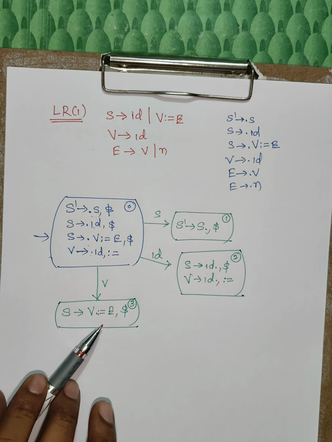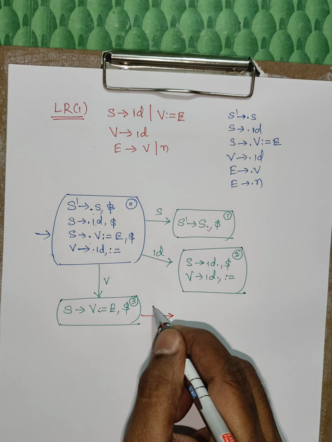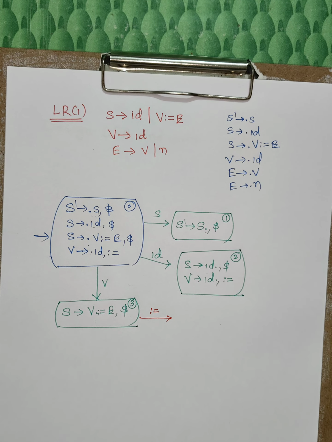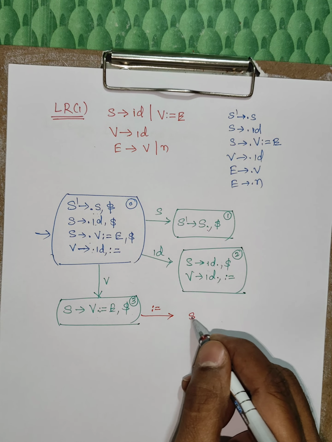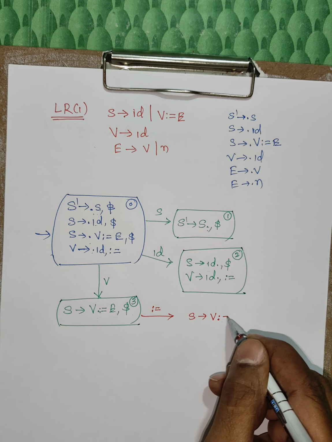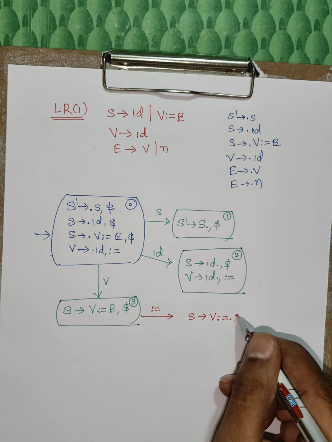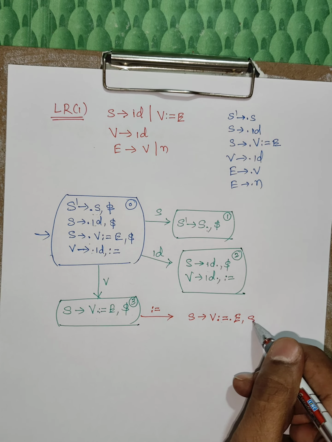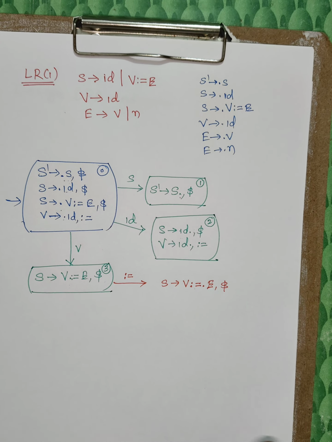From 3 you can take a transition on colon equal to, this is one symbol. Colon equal to means S produces V colon equal to dot E, and the carry lookahead is the same, dollar.